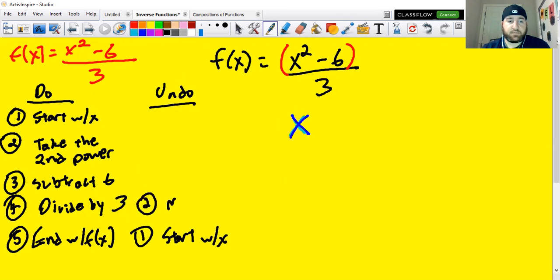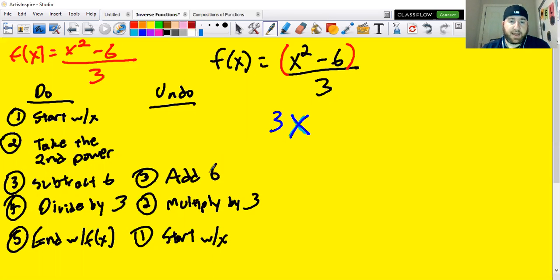What's the opposite of that? Multiply by 3. Okay, so stick a 3 out in front. Subtract 6. The opposite of that is to add 6.